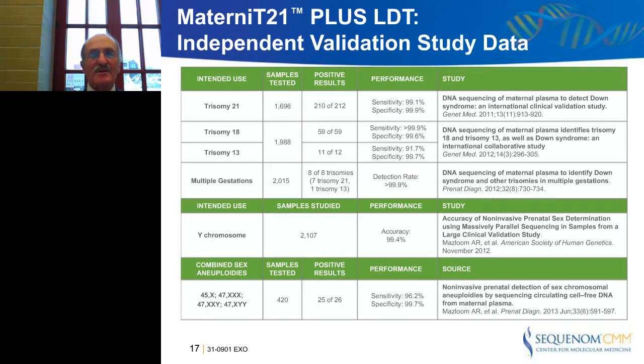And this summarizes the results on the common trisomies and also on the X and Y chromosome aneuploidies, determination of gender if someone wants that, and also results from twins and triplets. And the bottom line is that the results are not perfect, but they're close to that. The error rates are very, very tiny. The results are far better than 99% accurate.